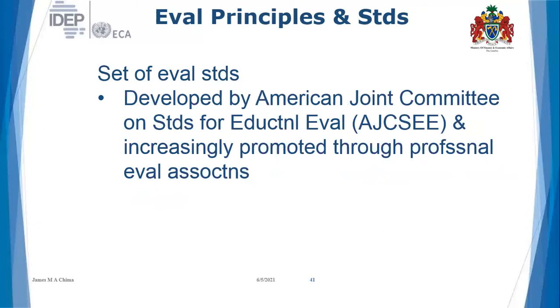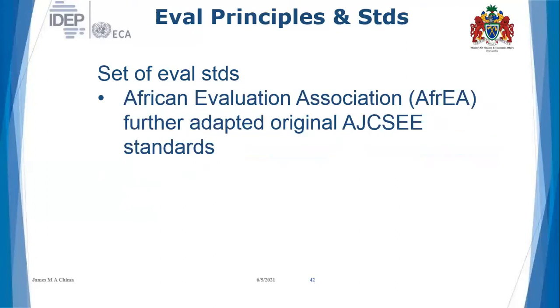The set of evaluation standards were first developed by the American Joint Committee on Standards for Educational Evaluation, and these over time have been increasingly promoted through different professional evaluation associations globally. The African Evaluation Association, AfrEA, has further adapted the original standards that were developed by the American Joint Committee on Standards for Educational Evaluation.